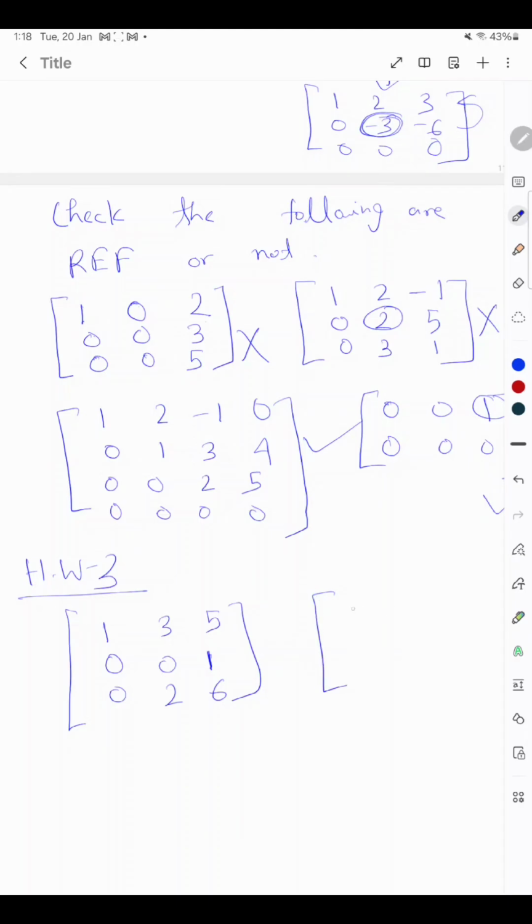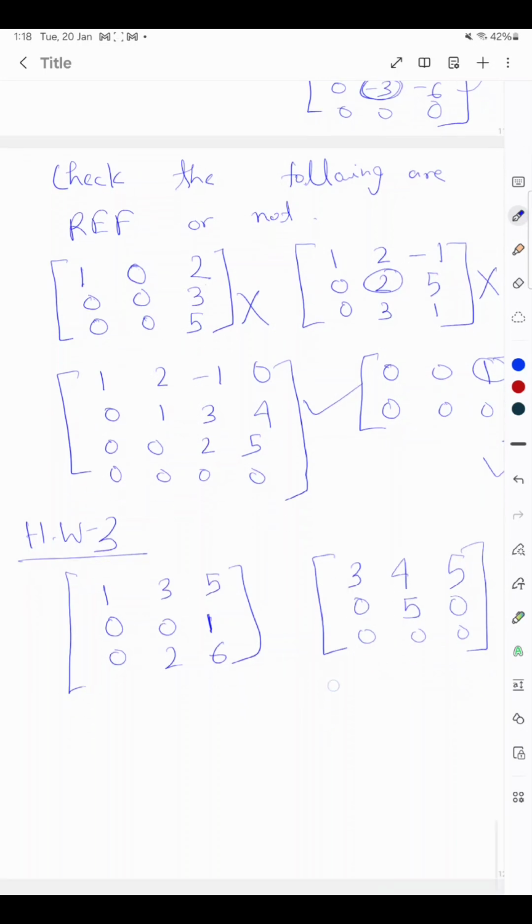This one, and you just check which are REF or not. In this way.